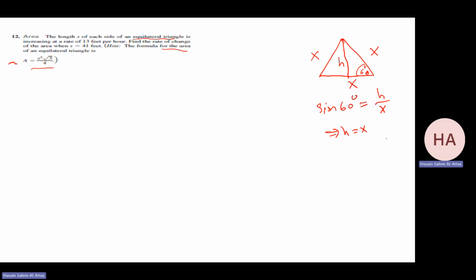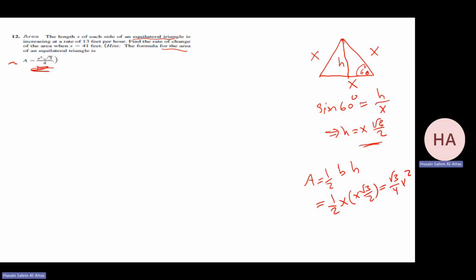Sine 60 is what? Square root 3 over 2. I need H because the area will be half the base, which is x, times the height. The base is x, H is this one. So I'm getting square root of 3 over 4 x squared, which is this one.